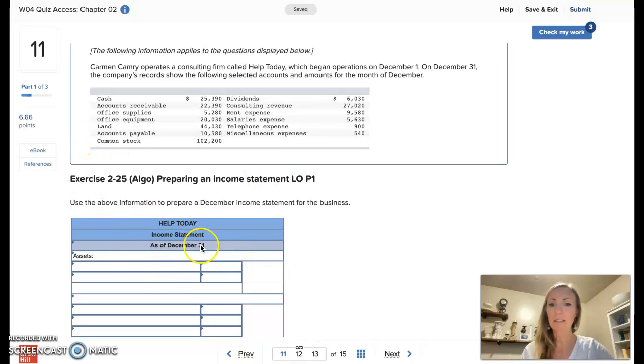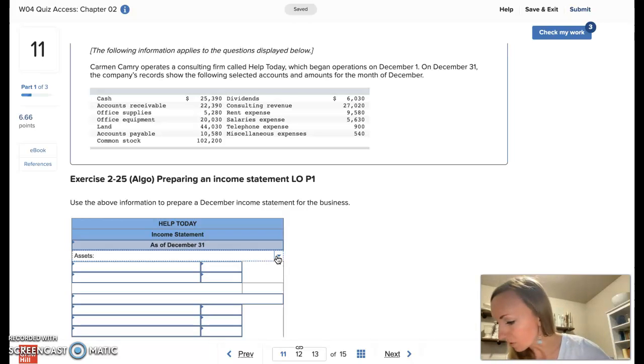First, we want to point out that this is a defined statement within a period of time, as of December 31st. We want to start here with our assets.